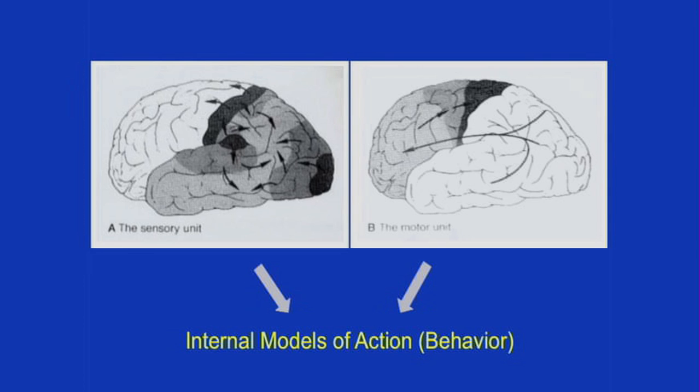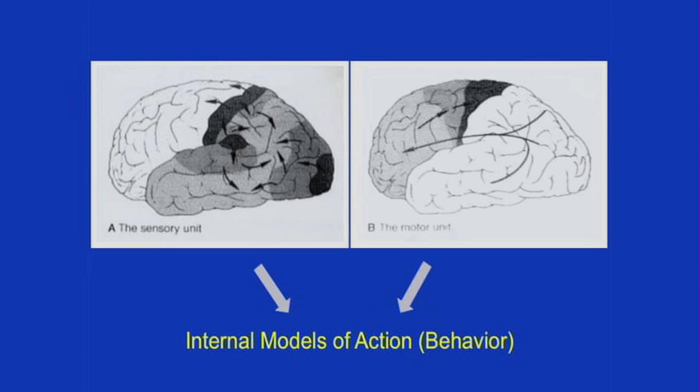The system by which we do this sensory action coupling is obviously much more complex, and even this simplistic gray, black and white slide demonstrates it: we have a perceptual system, at least within the cerebral cortex, more in the back of the brain, and an action-oriented system.